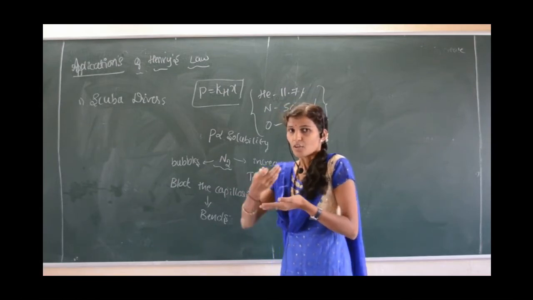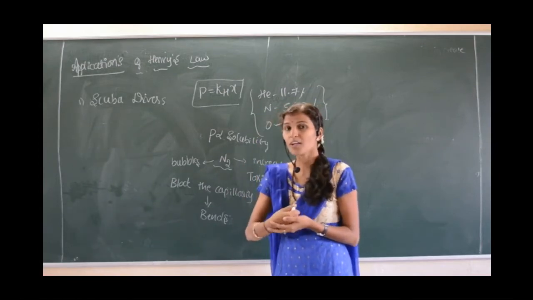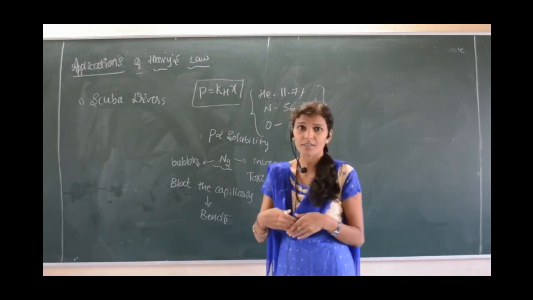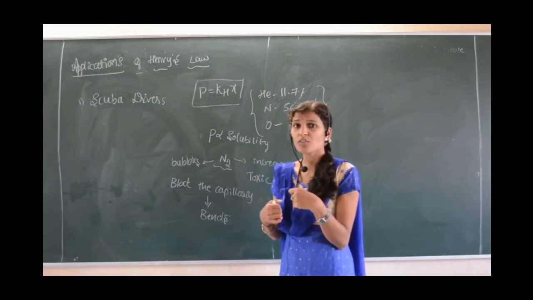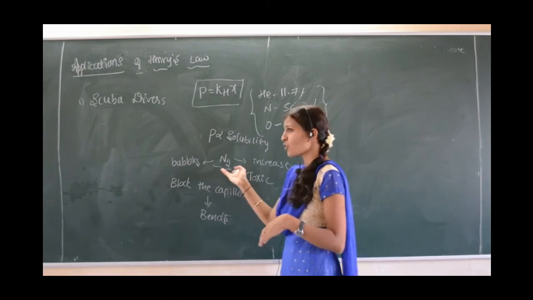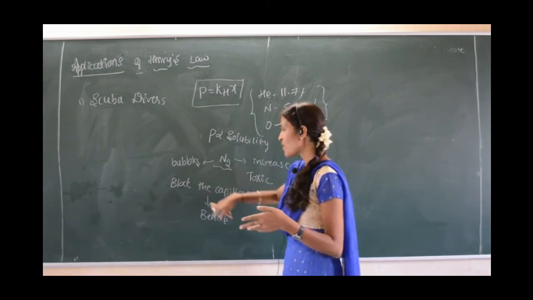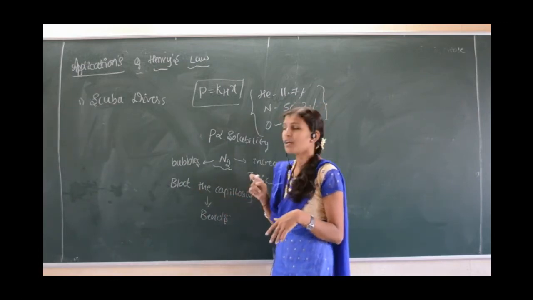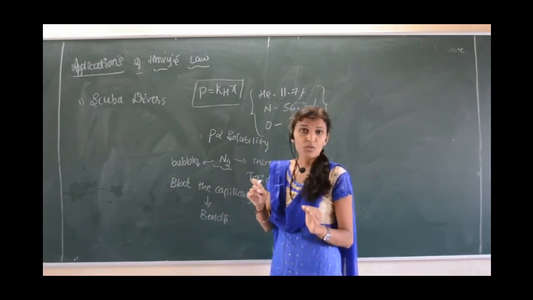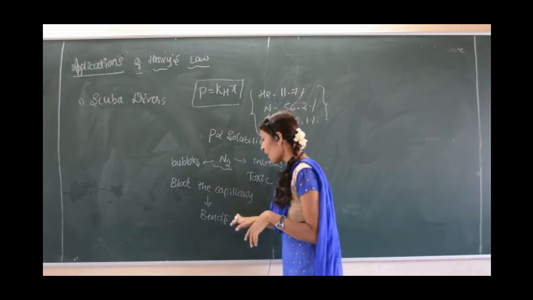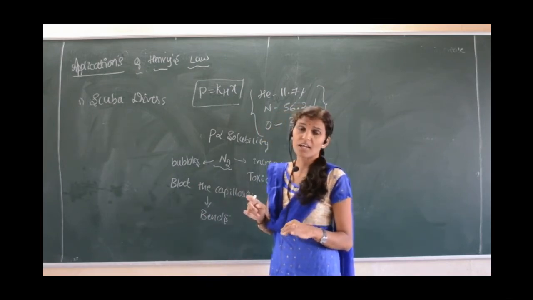And when he comes up, what happens? The pressure goes on decreasing, and the dissolved nitrogen comes out in the form of bubbles. These bubbles block the capillaries, and such a condition is called bends.